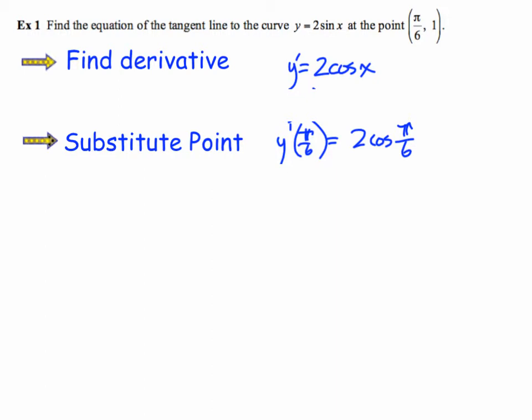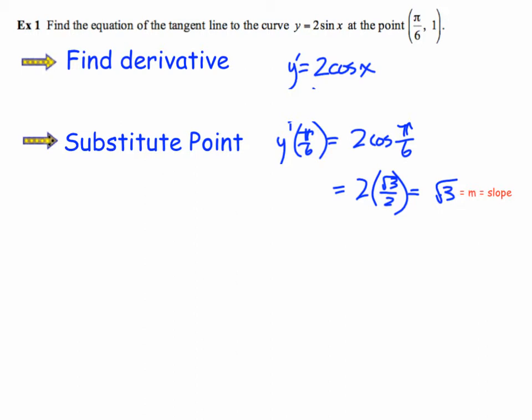So cosine pi over 6, if I refer to my special triangle, which I have handy either on a formula page or I've memorized, cosine pi over 6 is root 3 over 2. So I get 2 times root 3 over 2. The 2's cancel, and root 3 is my slope.